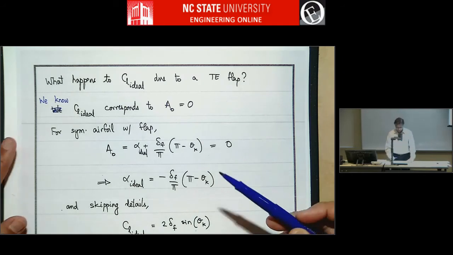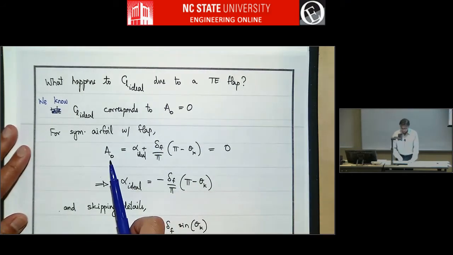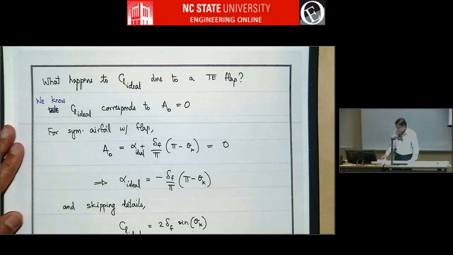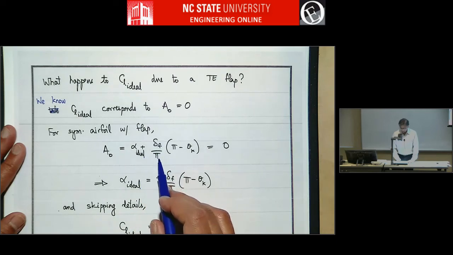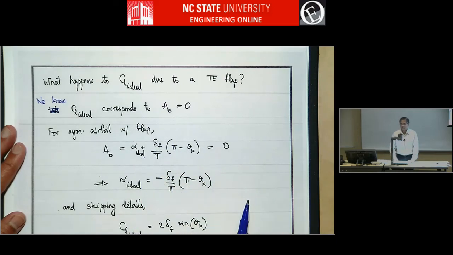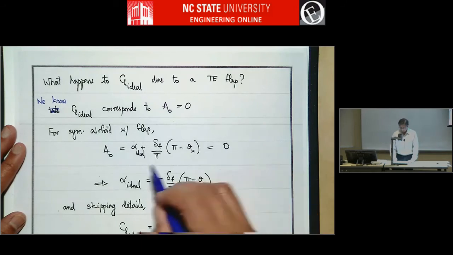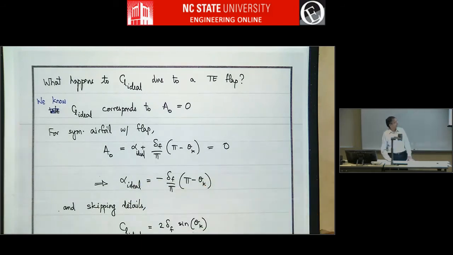So for a symmetric airfoil with flap, if you look back 2 pages behind, A0 is alpha plus delta f over pi times this. If we set that equal to 0, that angle is alpha ideal.